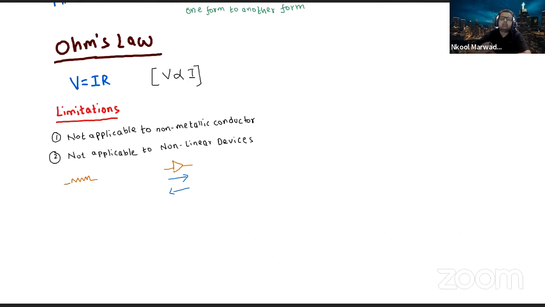Examples of non-linear devices: we have the Zener diode, and we have vacuum tubes.